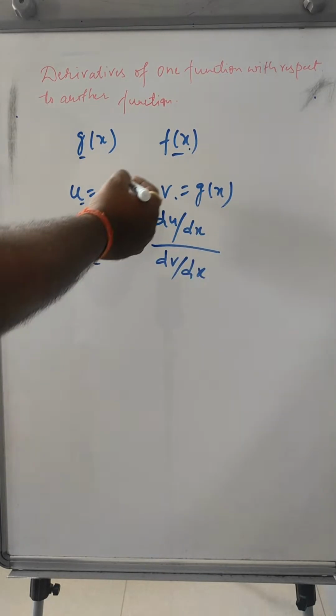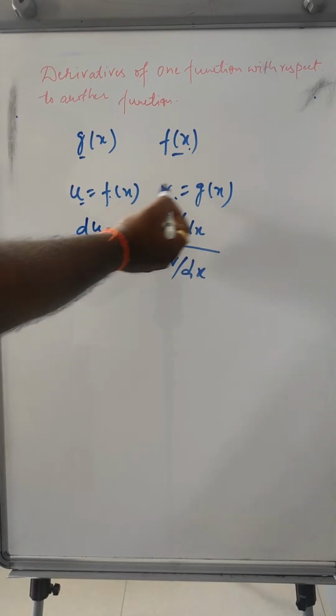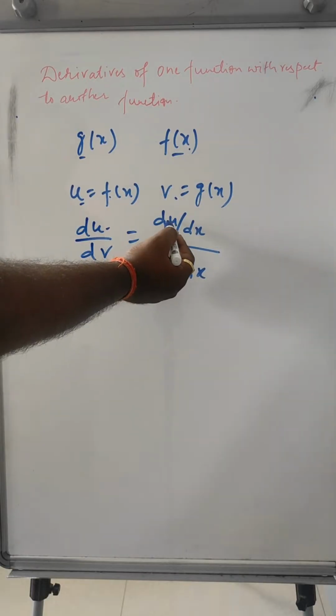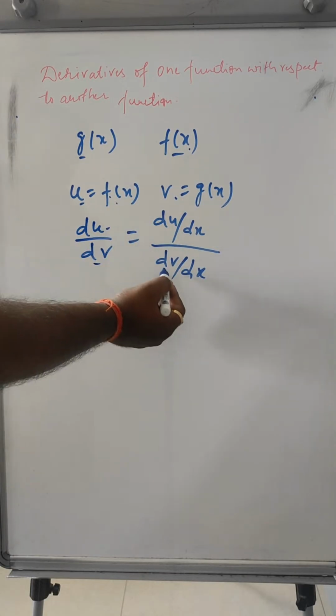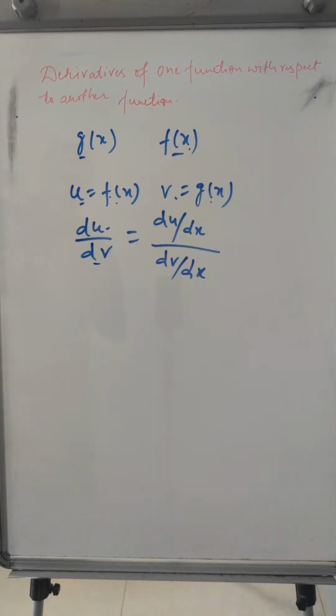This function has to be differentiated with respect to x, and this also with respect to x, that is du by dx is this one and dv by dx is this one. So like this we have to do.